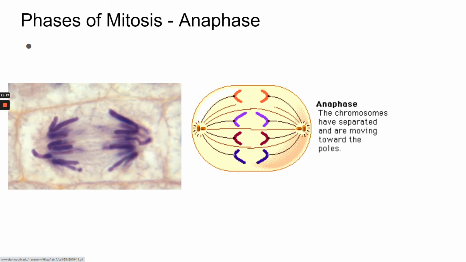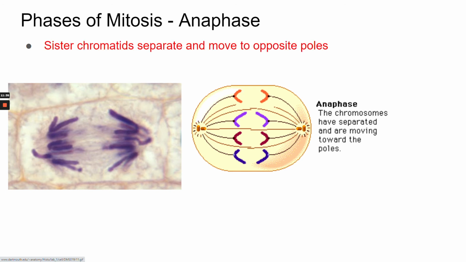Then we have anaphase. The chromosomes that were lined up in the middle split in half and start moving apart from each other. They get pulled apart, moving to opposite ends of the cell. You can see that in this microscope image.